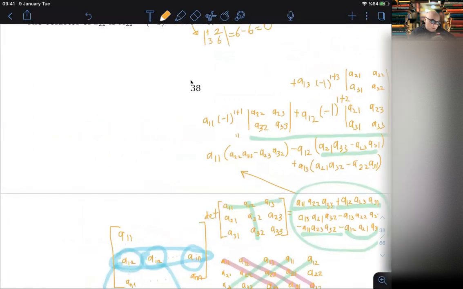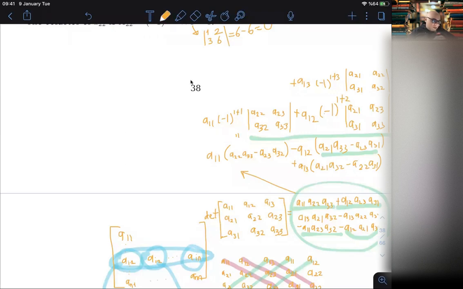Okay, what is this thing here? This thing is basically the determinant of the matrix where you erase this part and this part. So you get the determinant of a 2 by 2 matrix. Sorry, too much computation here. But finally we got the result.